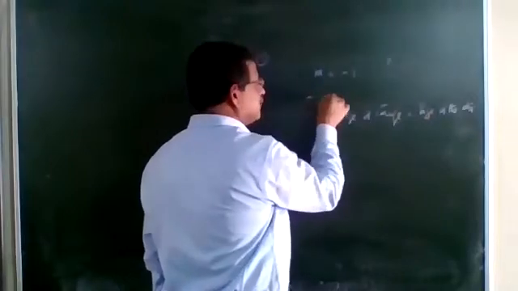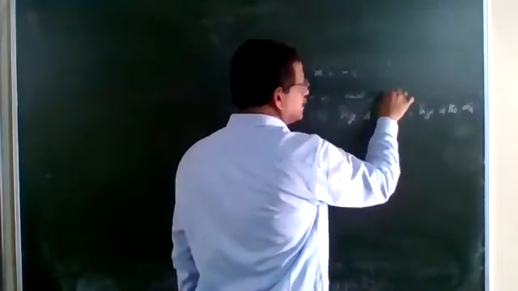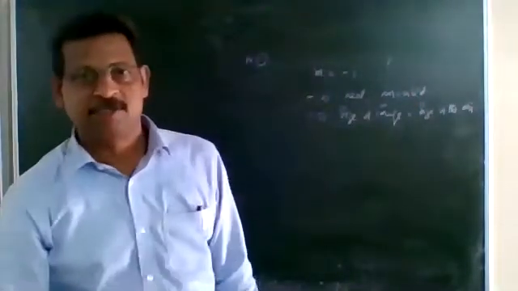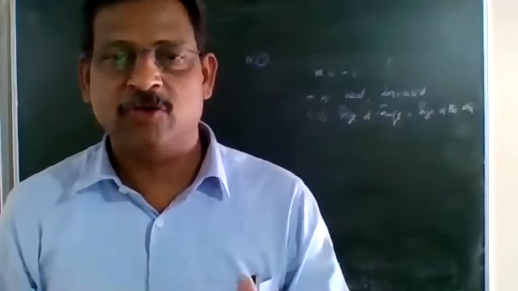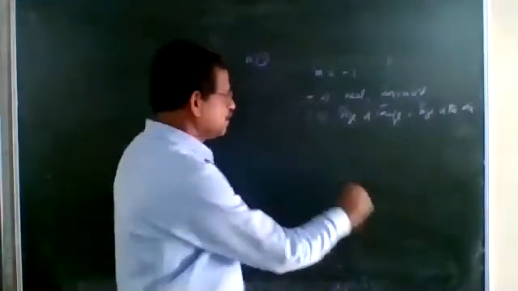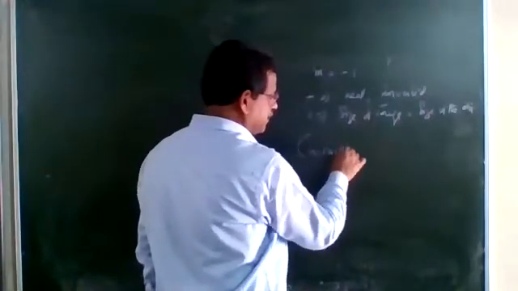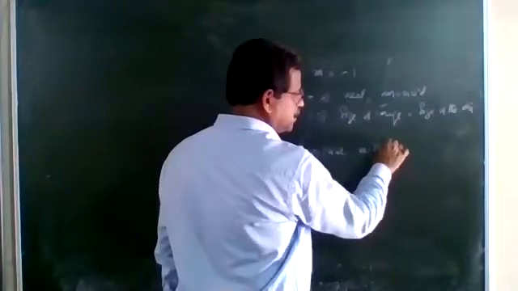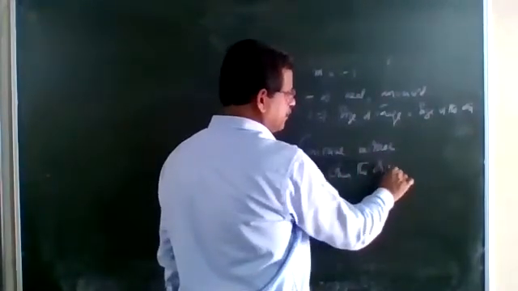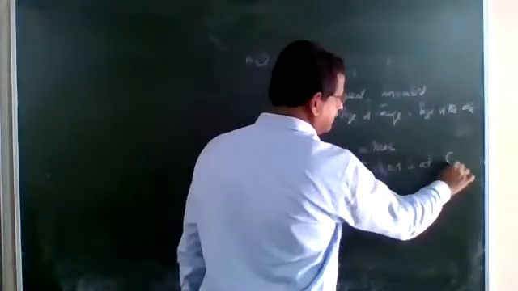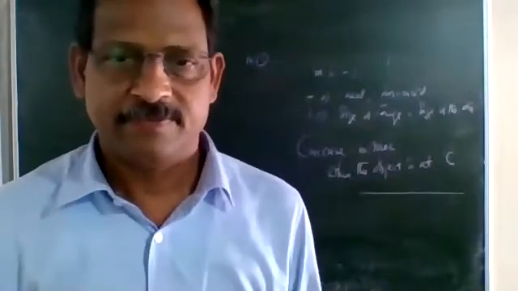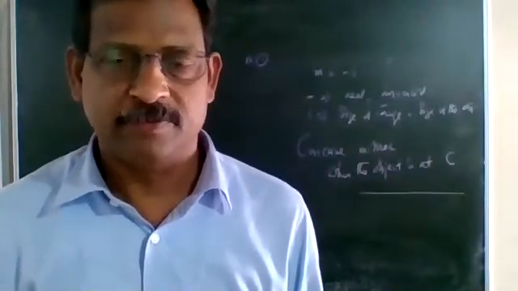A real inverted image, the same size as the object, is formed in only one case, in the case of a concave mirror, when the object is at C. These are all 1 mark type questions.